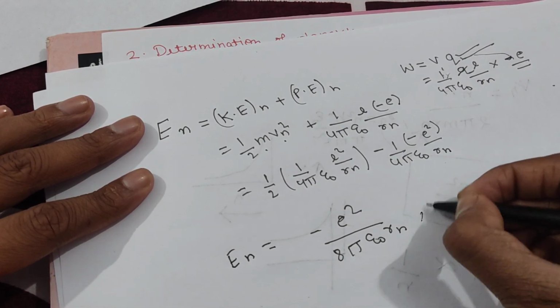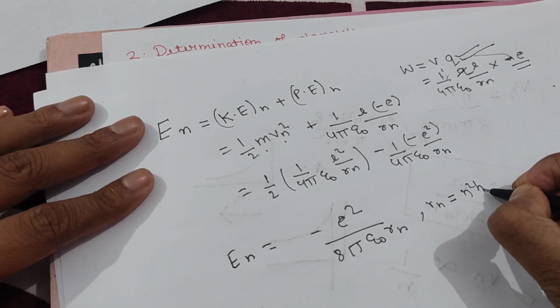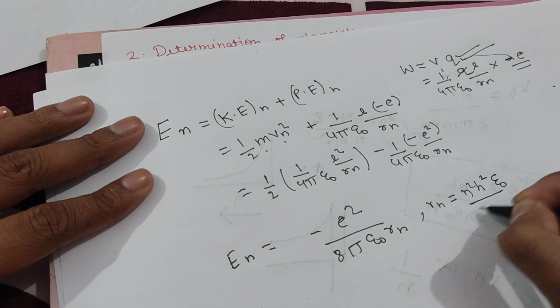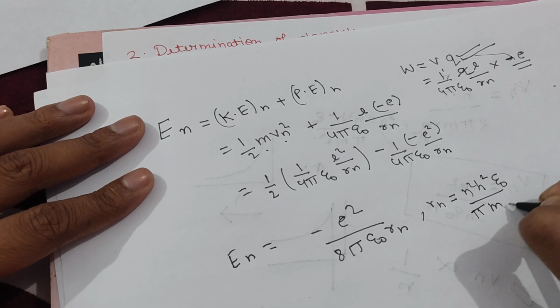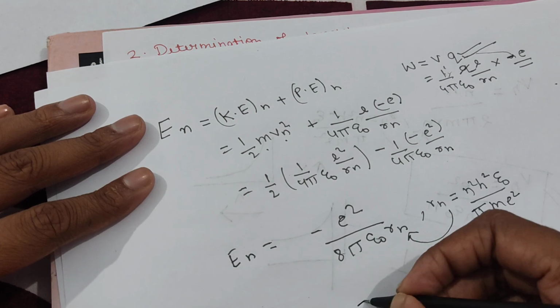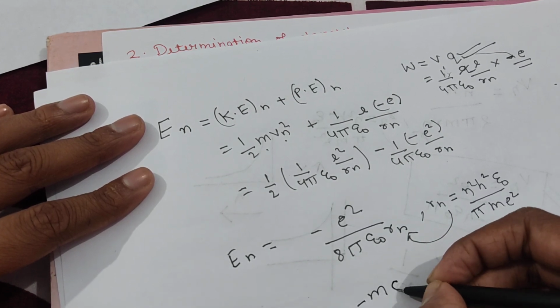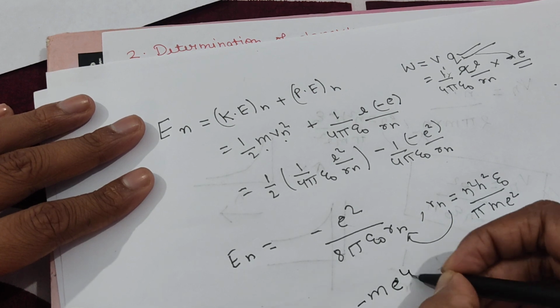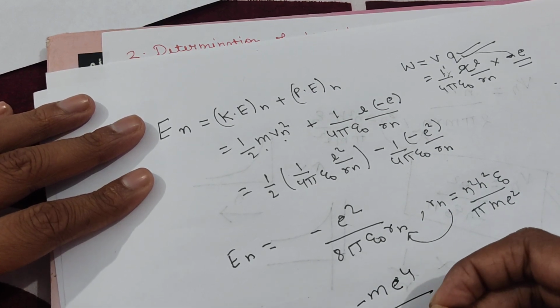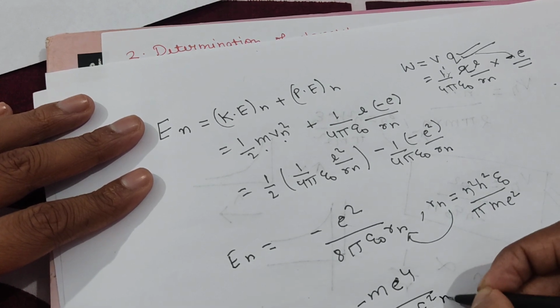After putting R_n, we know that R_n is n squared h squared epsilon naught by pi m e squared. After putting this here, we will have minus m e to the power 4 by 8 h squared epsilon naught squared n squared.